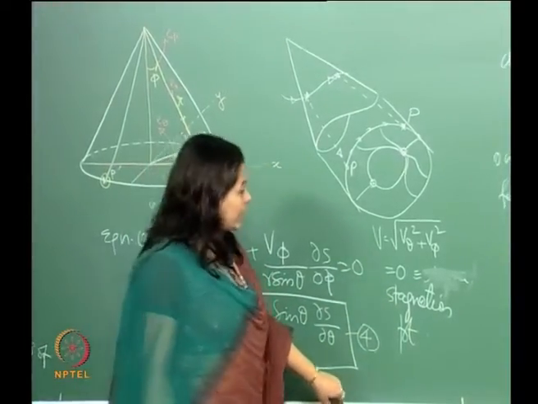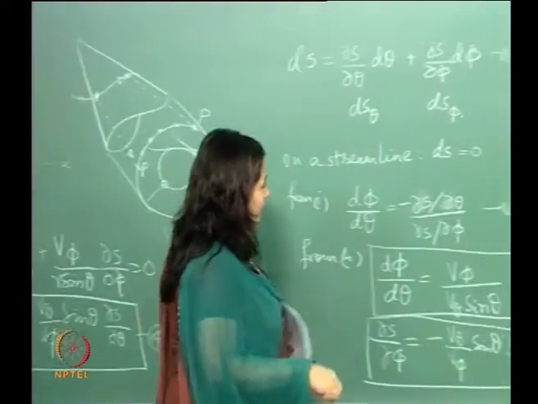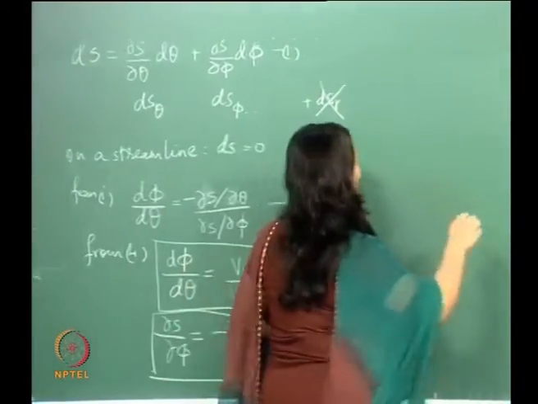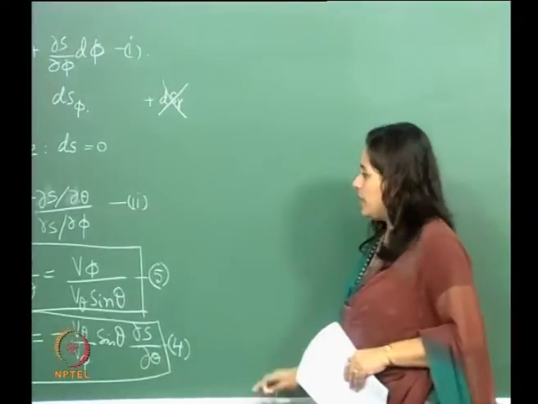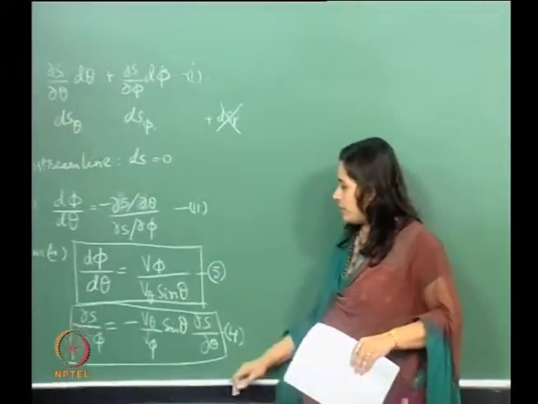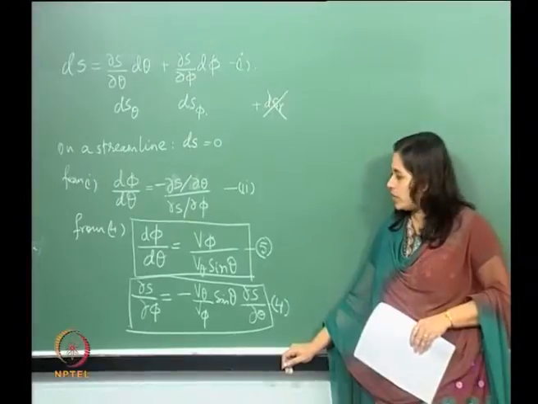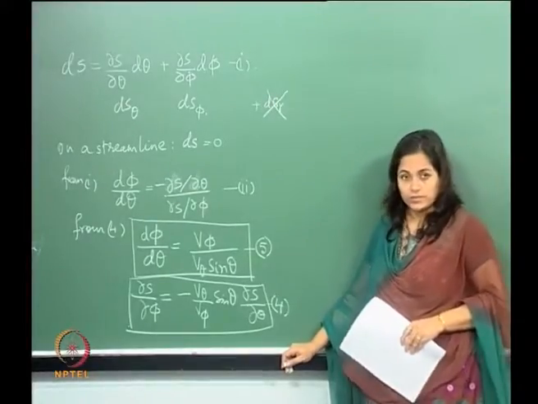So, now 5 and 4 are fine as long as we have a finite v phi by v theta, but what if v theta and v phi are 0?